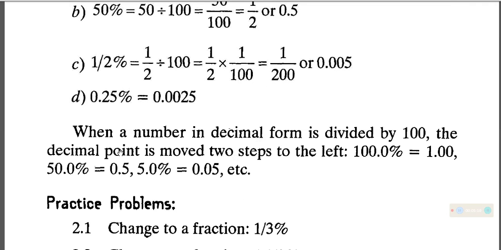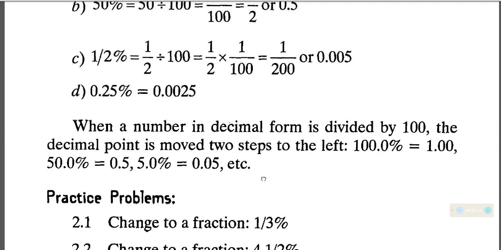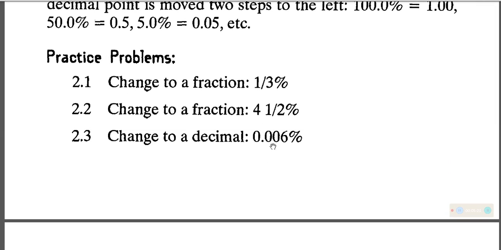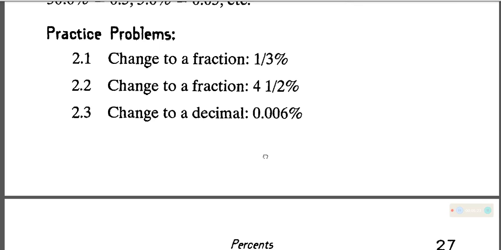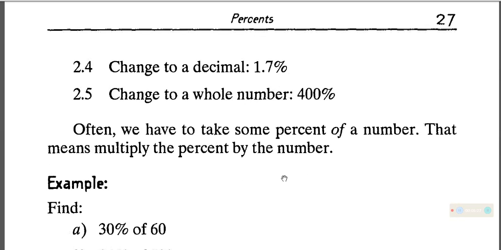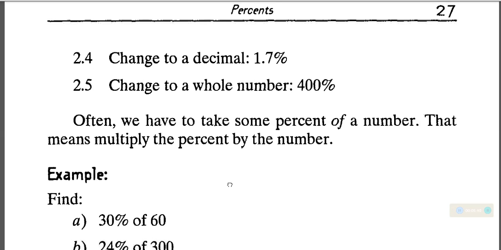You will end up with 0.0025. So, kaya ganyan yung sagot. So, I hope that was clear. When a number in decimal form is divided by 100, the decimal point is moved 2 steps to the left. Ayan. So, kayo na yung magsasagot nitong mga sumunod. You are not required to solve all of them, but para ma-practice kayo, go.